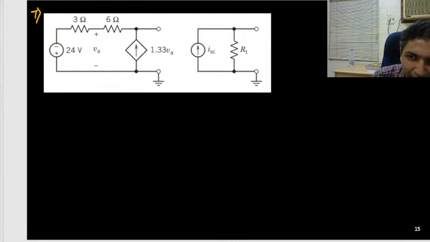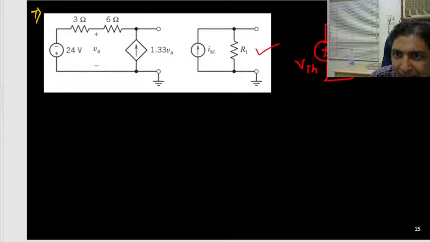I have one idea that I have shared with my students: if a circuit contains some dependent source, you can take one method to find both Thevenin and Norton simultaneously. So this circuit is given. To find the Norton equivalent circuit, first you can find Thevenin. That's also fine. You can find VTH and RT or RTH.